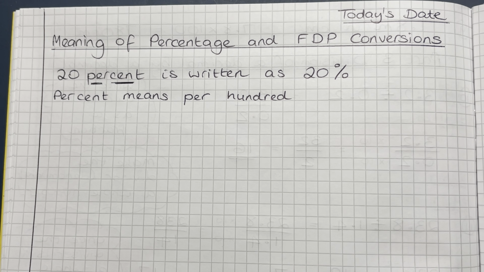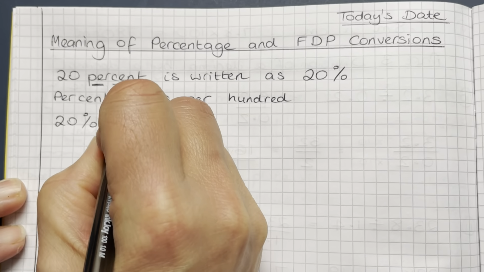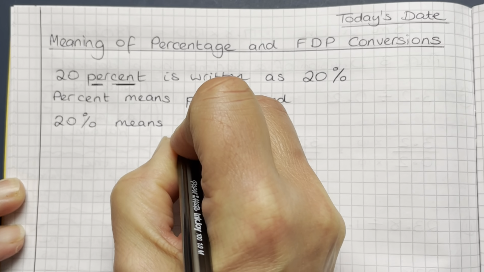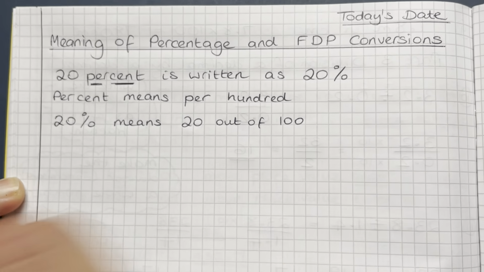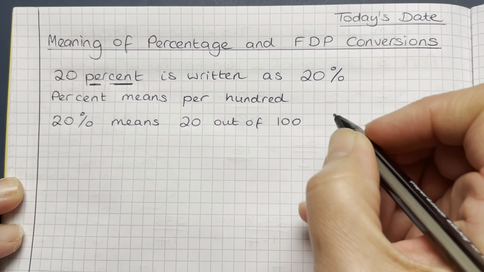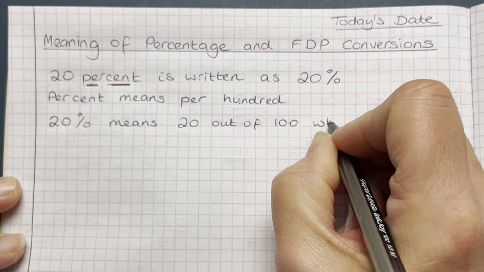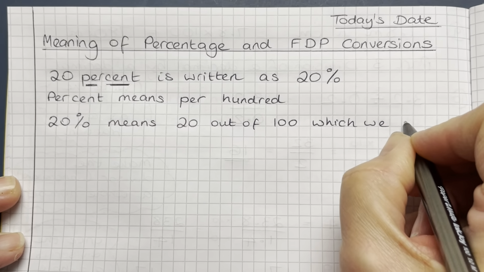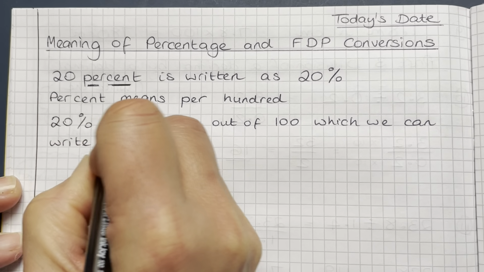Okay, so therefore 20% in this case means 20 out of 100. Okay, and we can write this as a fraction.